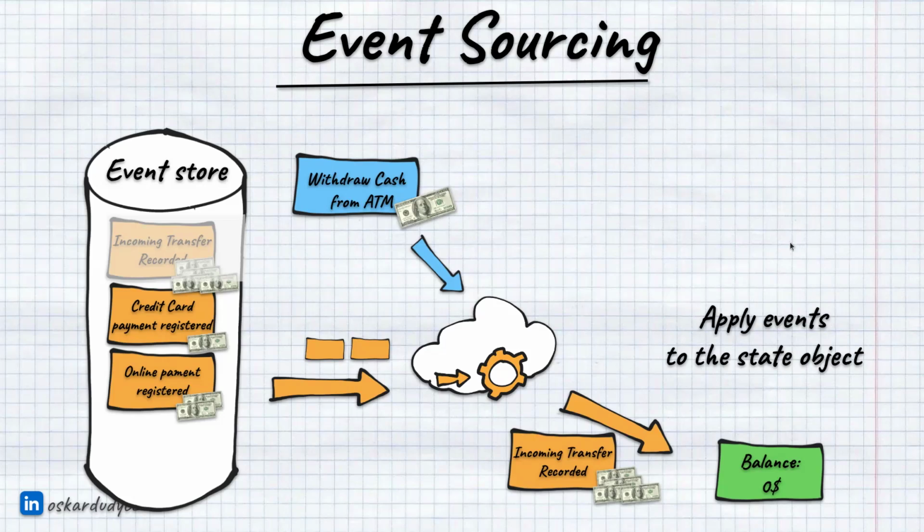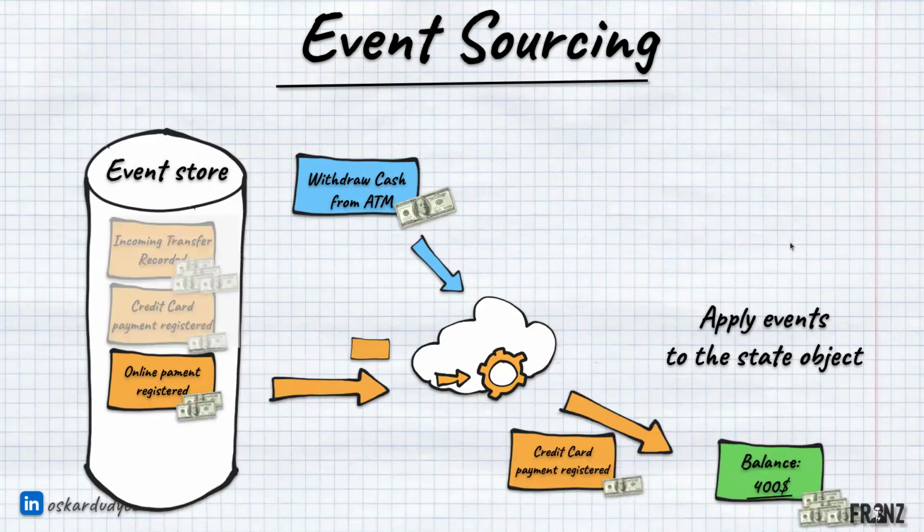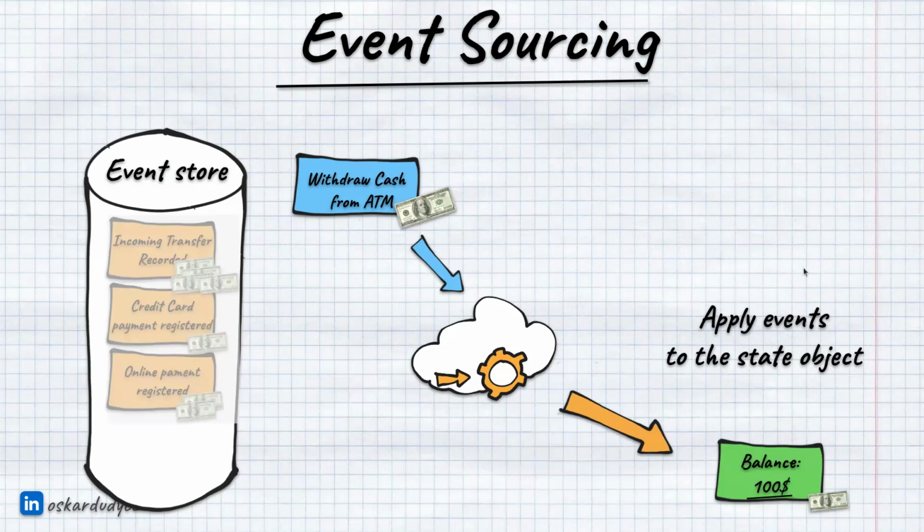Once we do that, we need to apply all of the events and build, step by step, our representation of the current state. So for instance, if we got an incoming transfer, then we need to increase our bank account balance. If we get a transaction about a credit, then we need to decrease it. If we register an online payment, then again, we need to decrease it.